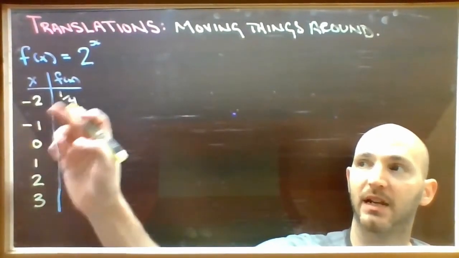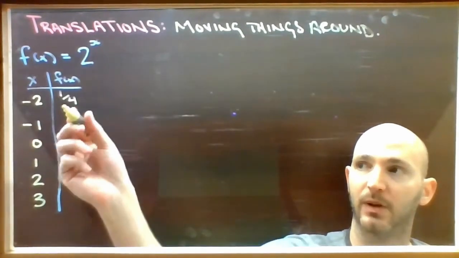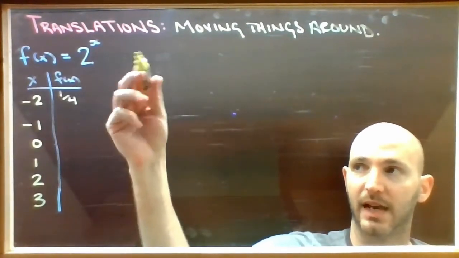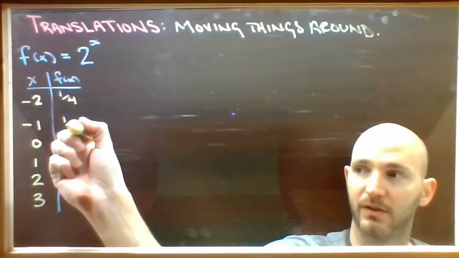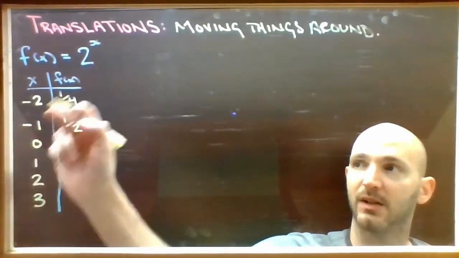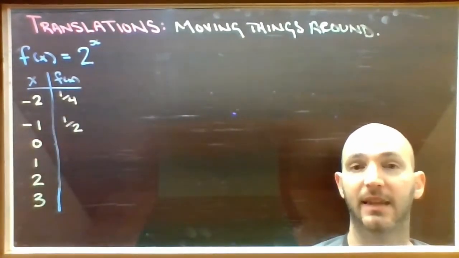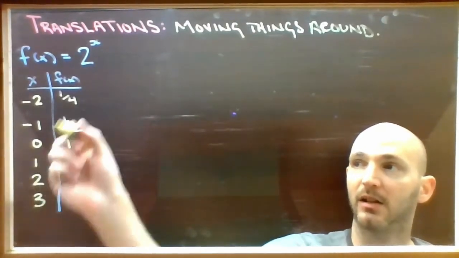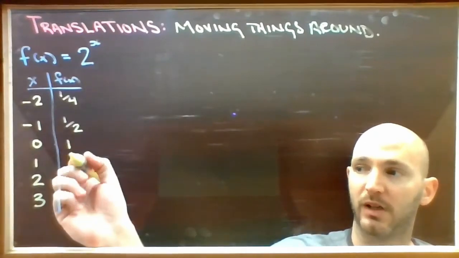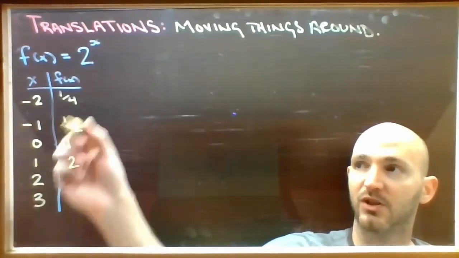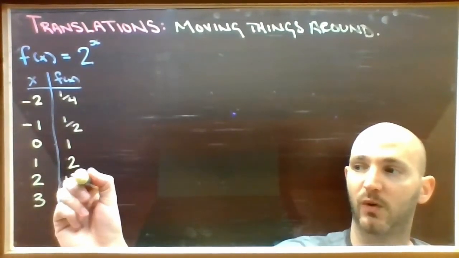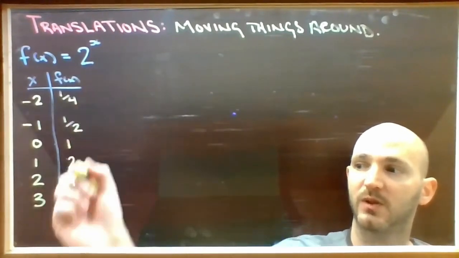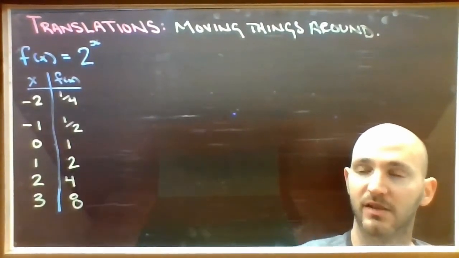If I put a negative 1 in this exponent, I would get 2 to the negative 1, which is just 1 over 2. 0 in that exponent, anything to the exponent 0 is 1. That's that. 2 to the exponent 1 is 2. 2 squared is 4. 2 cubed is 8. So on and so forth.